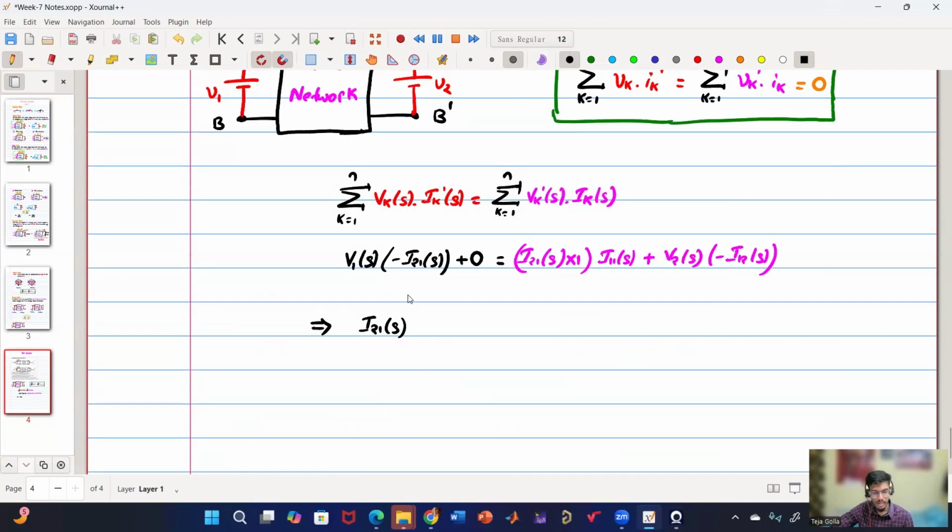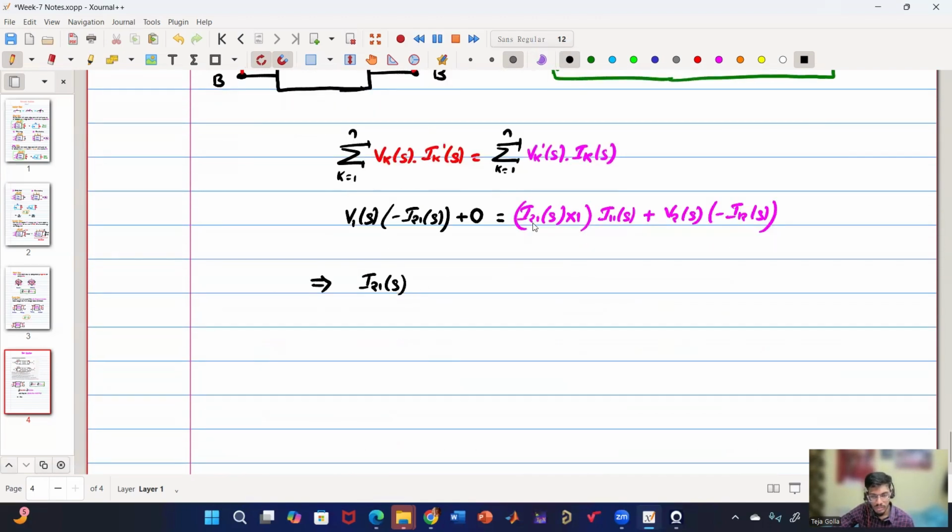But first I'll reframe this. So I21 of S, I'll bring this side, and basically what I'm trying to do is I'll take this term to RHS and I'll bring this term this side.